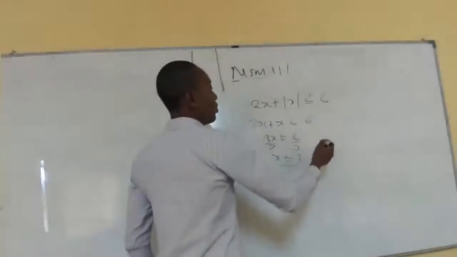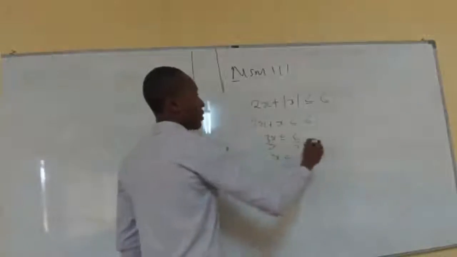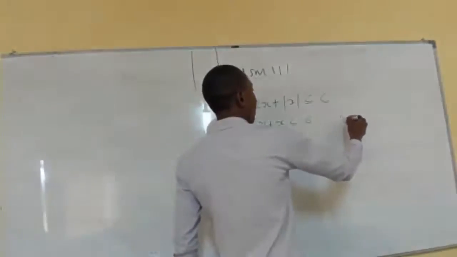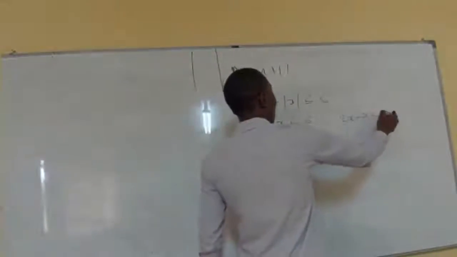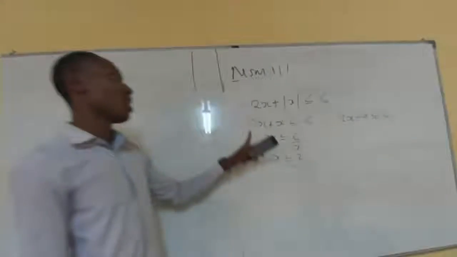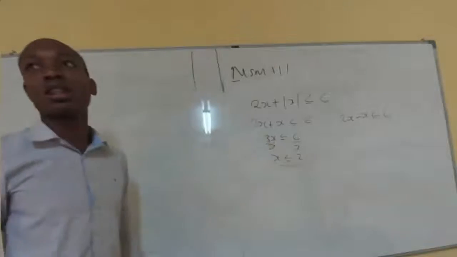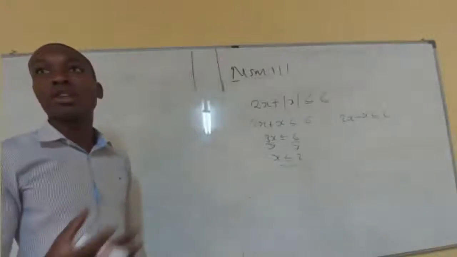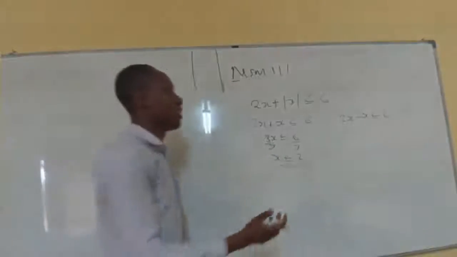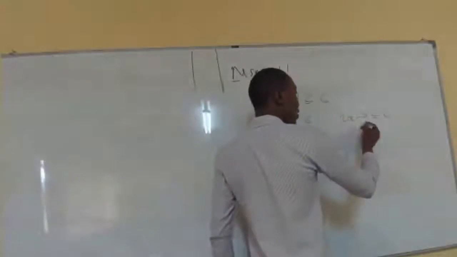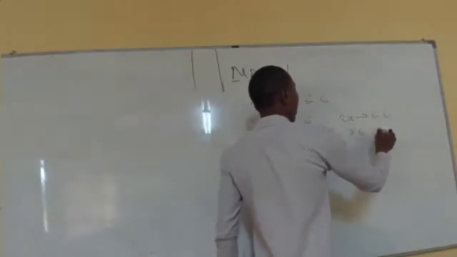Now next up, what if the x is negative? So the next scenario we have 2x minus x is less or equal to 6. So we have the first scenario, the absolute value part has x being positive, and the next scenario we have the absolute value part x being negative. So we have 2x minus x is less than or equal to 6.